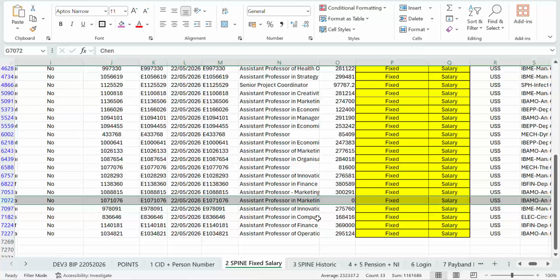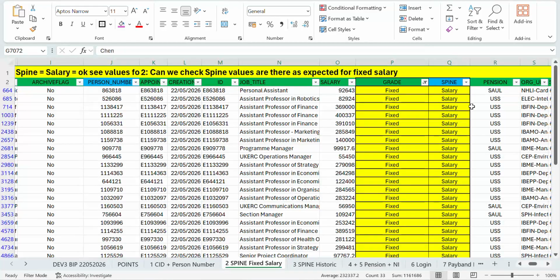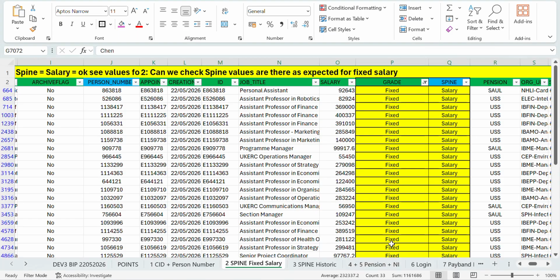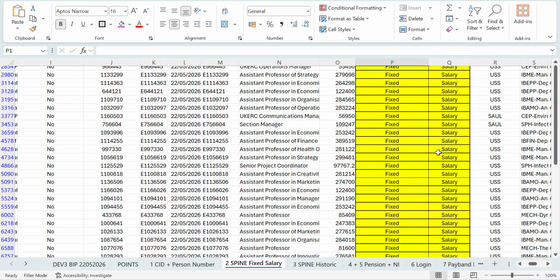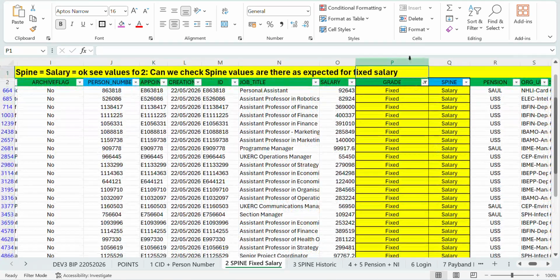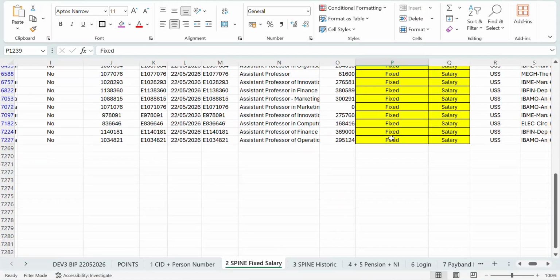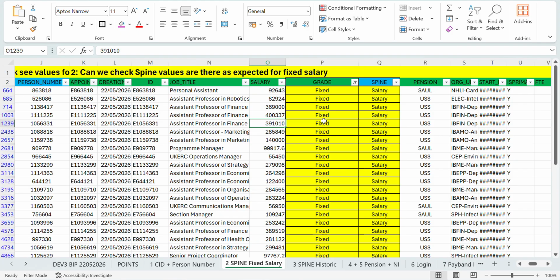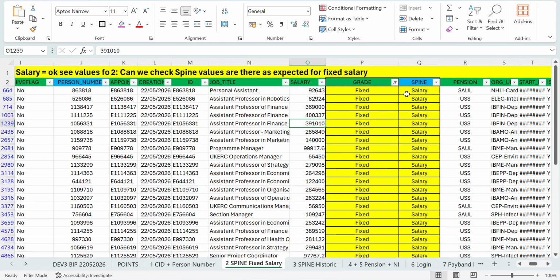So again, taking the BIP report, and in this case, looking at grade, and with grade filtering on fixed. And once filtered on fixed, we can see that every fixed salary had an associated spine value, and the number of records was 39, and that should be the expected outcome.